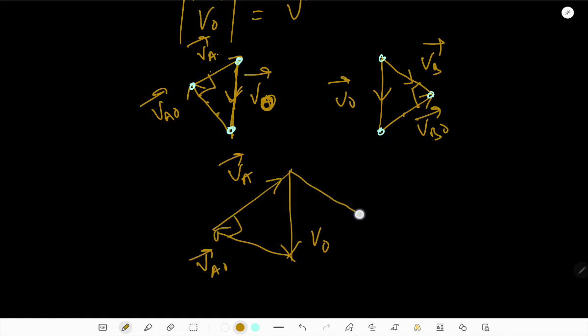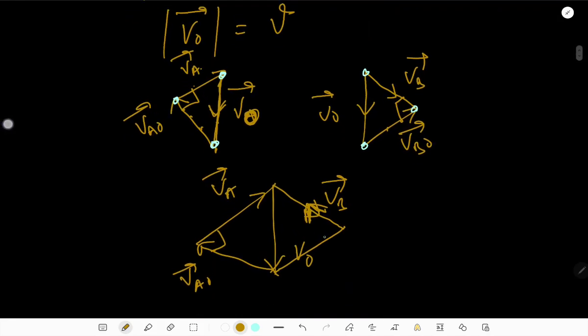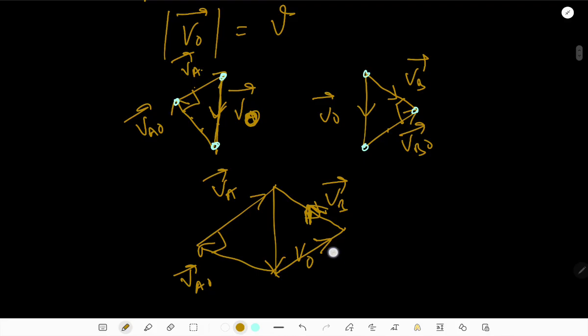VB should be in this direction, because VBO is in this direction.